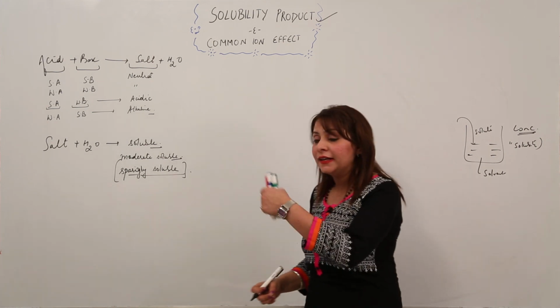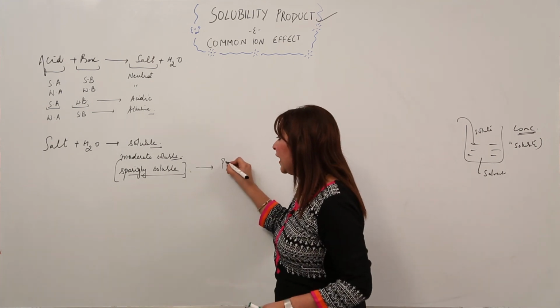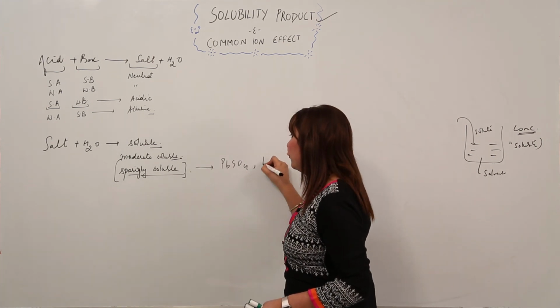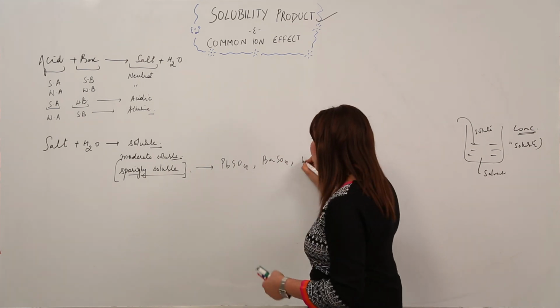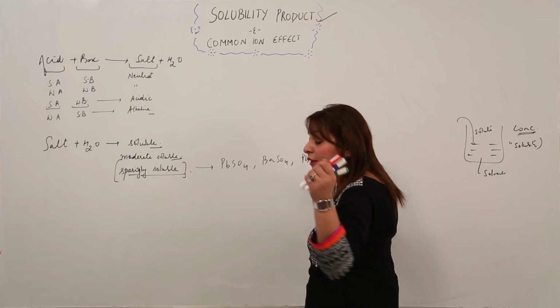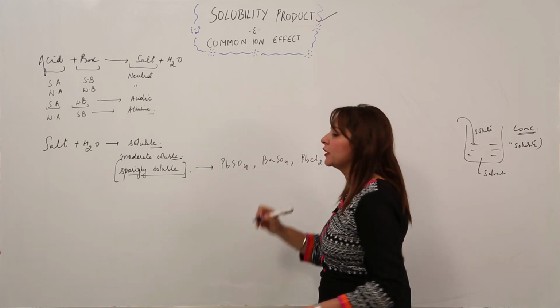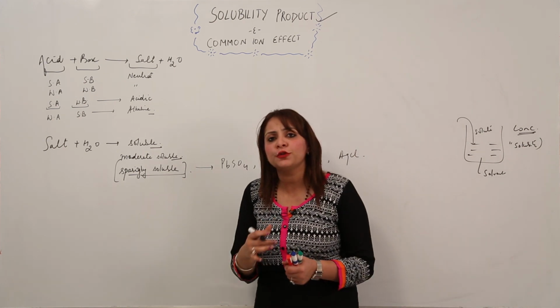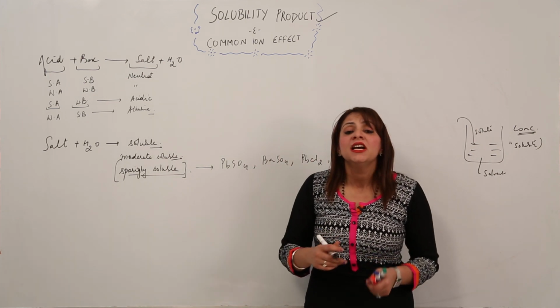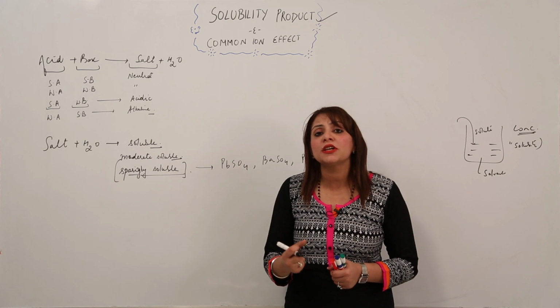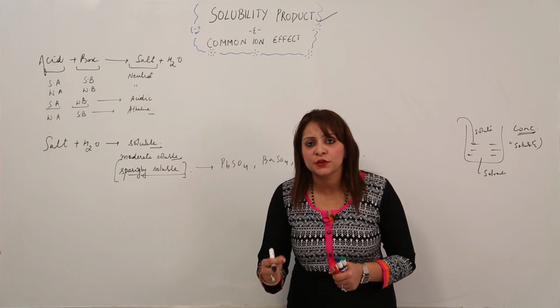Let me state some examples: PbSO4, BaSO4, PbCl2, AgCl. There are many salts, like the salts of the first group mostly, that are sparingly soluble. They get dissolved in water but only to a very small extent, right?